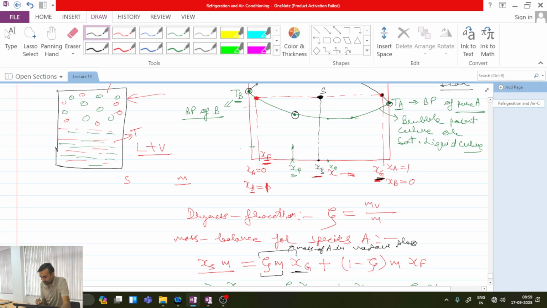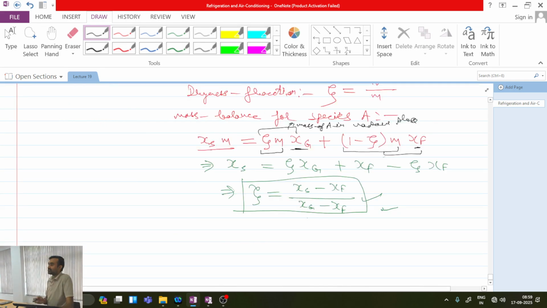If zeta into M is the mass of vapor, then 1 minus zeta into M will be the mass of liquid, multiplied by the composition of liquid, Xf. So it represents the mass of species A in the liquid phase. So these two together are nothing but the total mass of the species. So from here, dryness fraction can be related to composition. Is this one clear? Does anyone have any doubt about this?